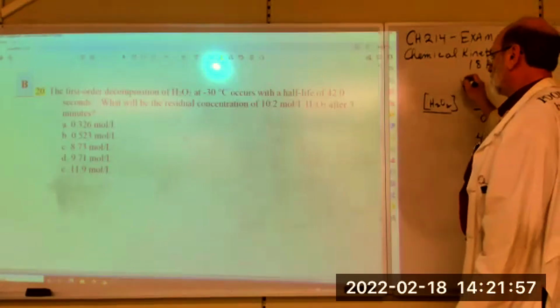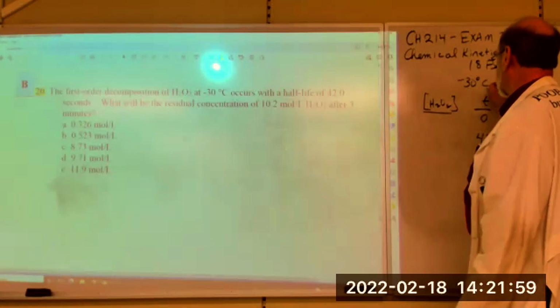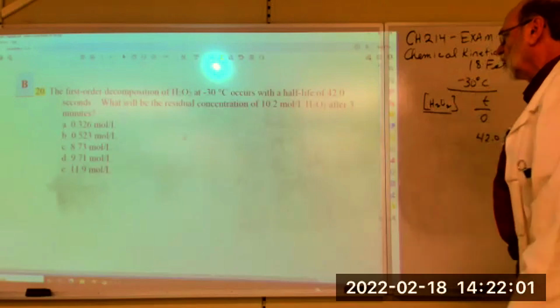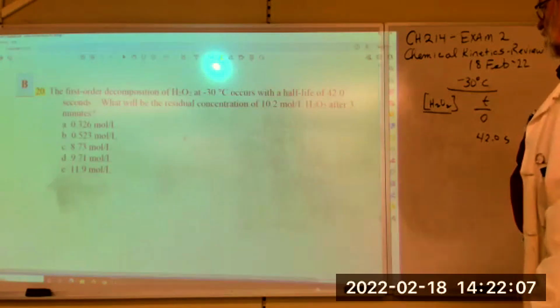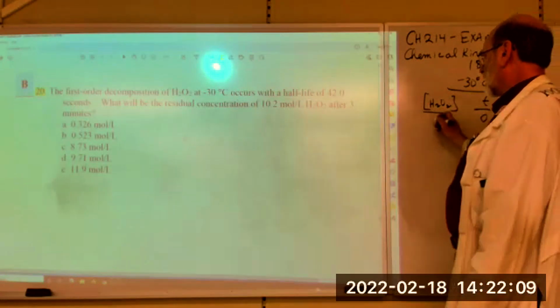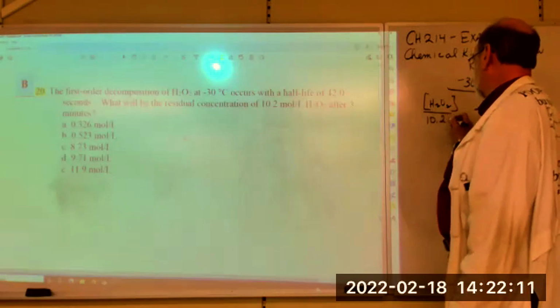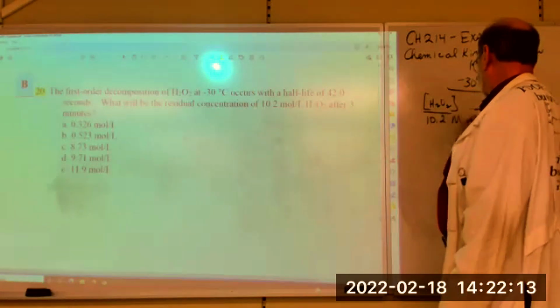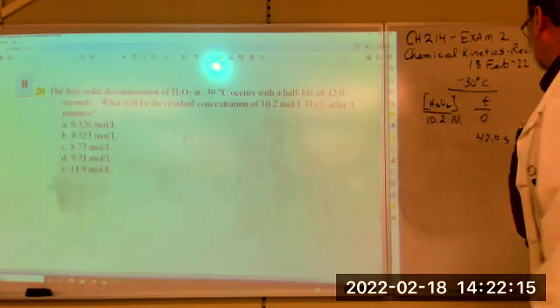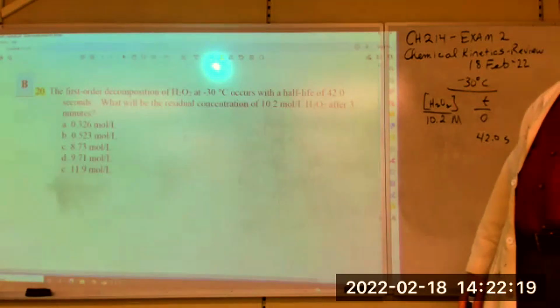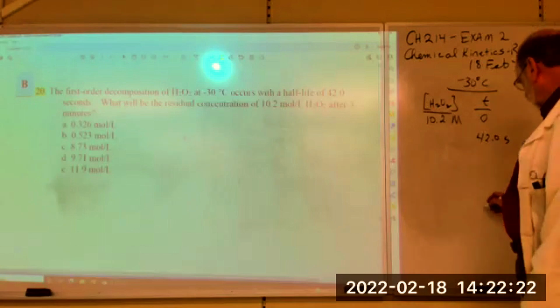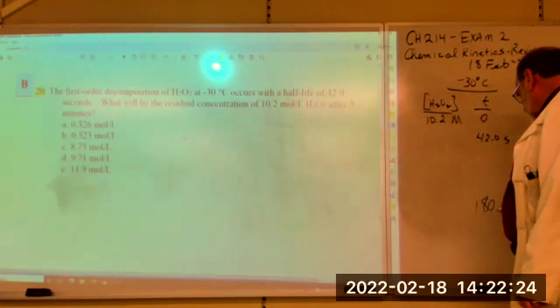Well, it's at minus 30 degrees C. What will be the residual concentration of 10.2 millimolar after 3 minutes? So we're starting off at 10.2 molar. And we want to go down to 3 minutes. So how many seconds is 3 minutes? 180. So we're going down to 180 seconds.